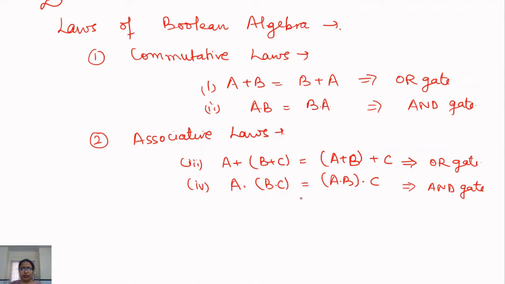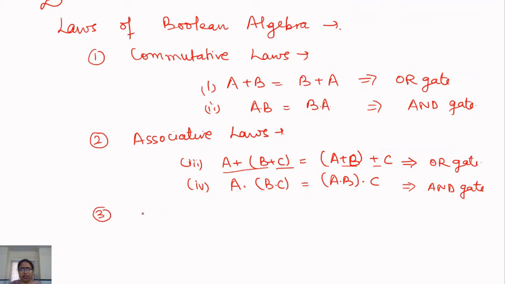So the associative law states that the inputs for the OR gate and AND gate can be grouped in different ways without affecting the output.